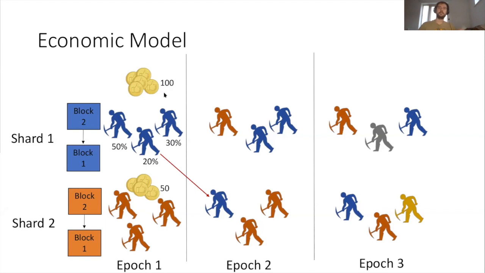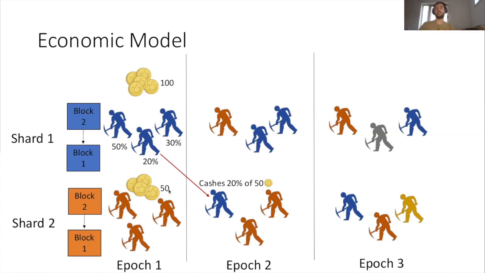At this point, the miners will not get this money, but we wait for the next epoch for the reassignment. So now in this next epoch, our miner will be reassigned to shard 2. And at this point, it will cash 20%, so its participation, but not of this 100, but of 50, which is the amount gathered in this new shard, but in the previous epoch.